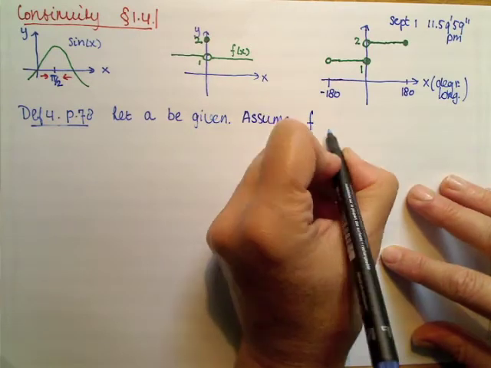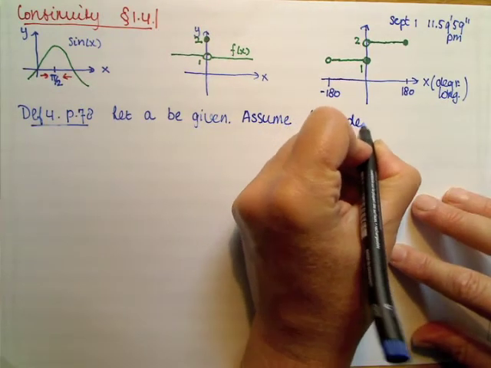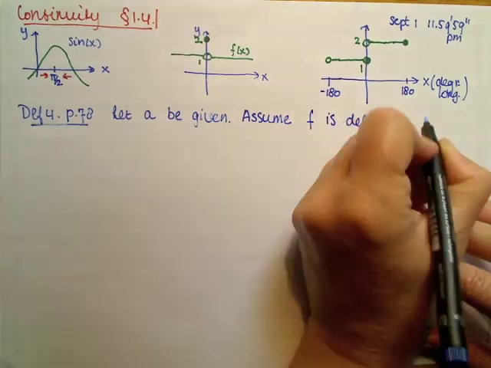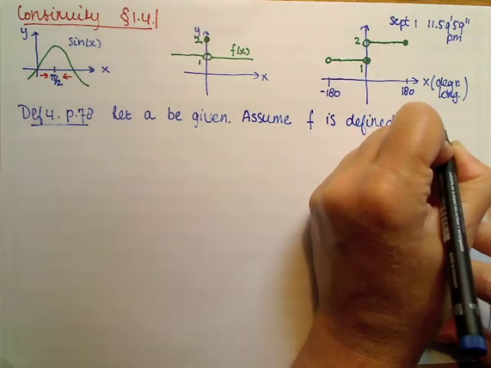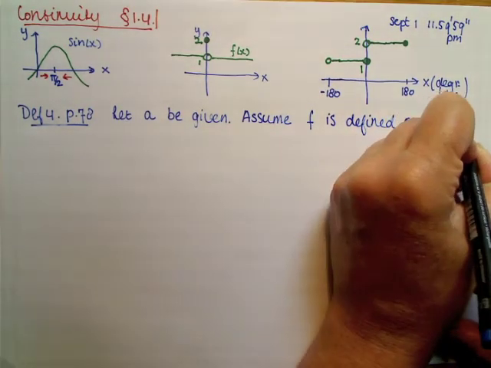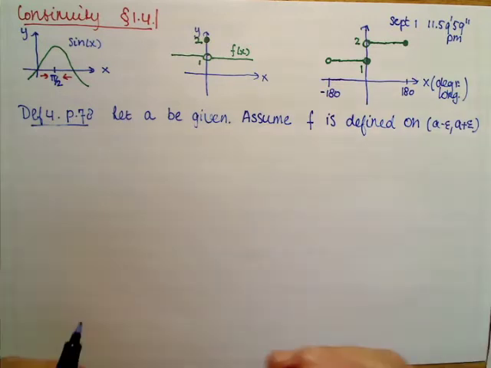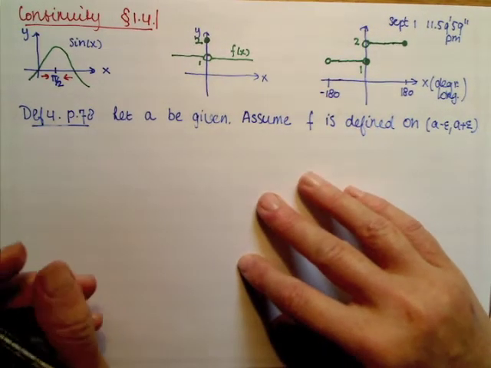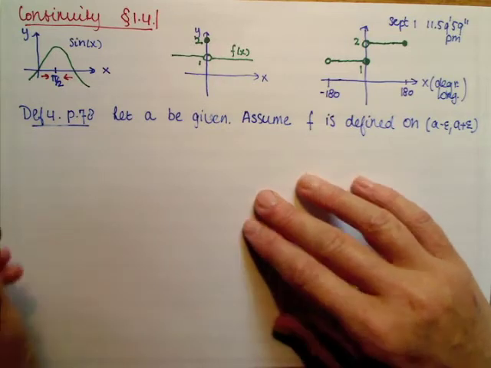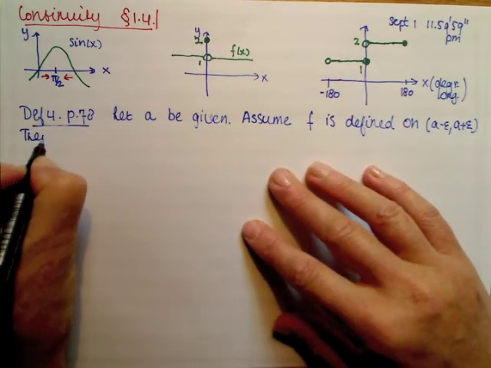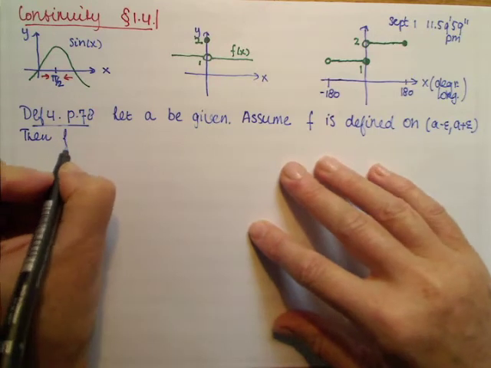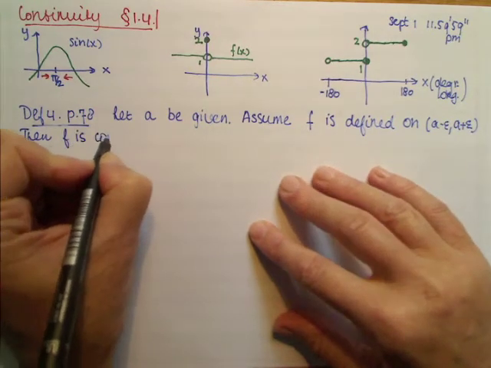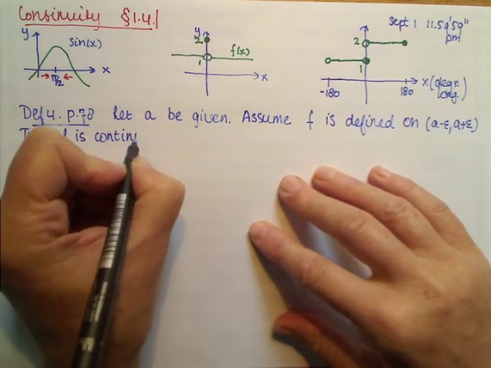So f is defined on some interval containing A. So let us call this interval A minus epsilon, A plus epsilon. So a little small interval around A of radius epsilon. Now we call f continuous at the point A if the following holds.